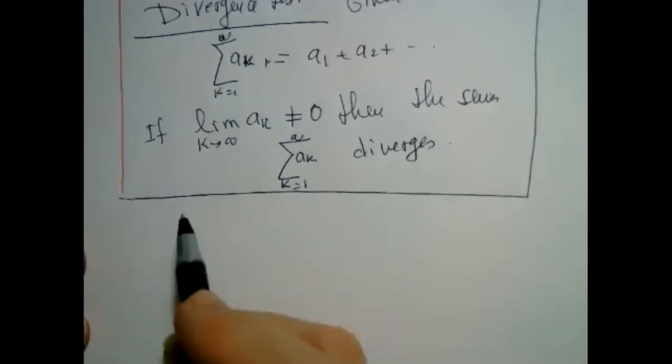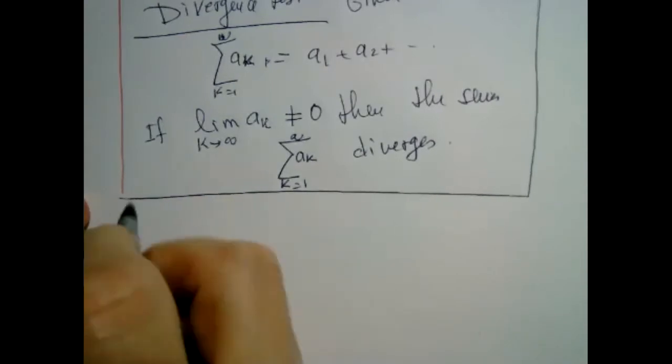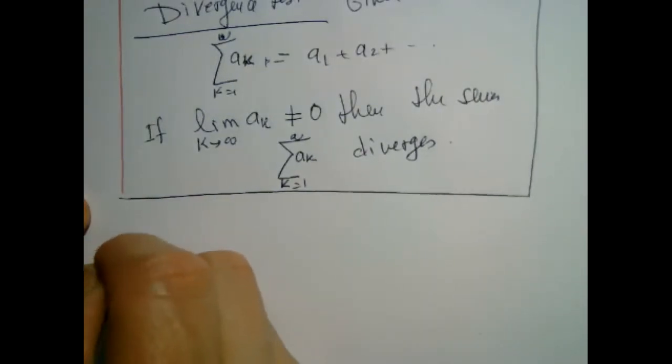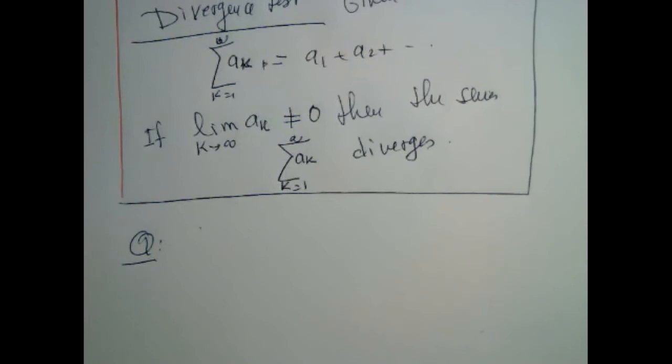So before we move on to the second test, let me ask you the following example questions. I'm going to give you 3 series. And the question says, use the divergence test to decide if the series converge or diverge.